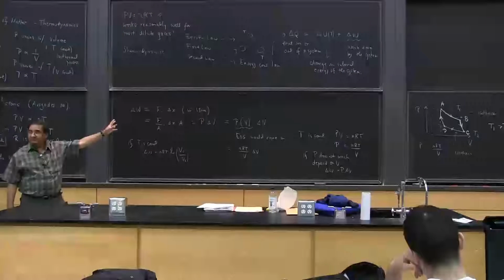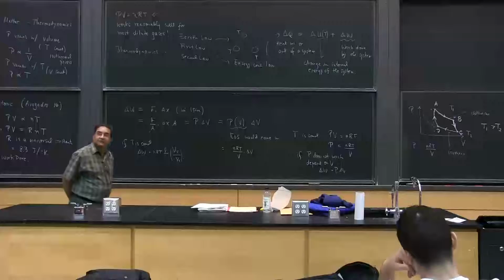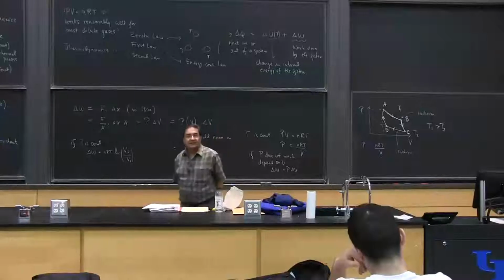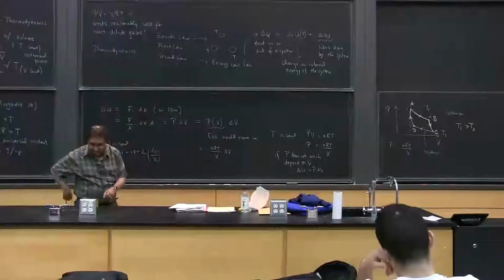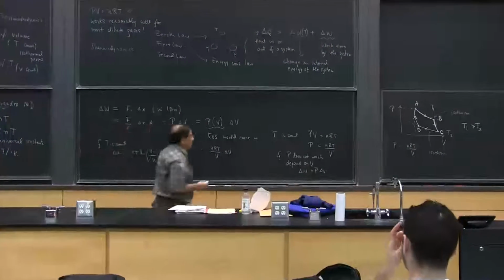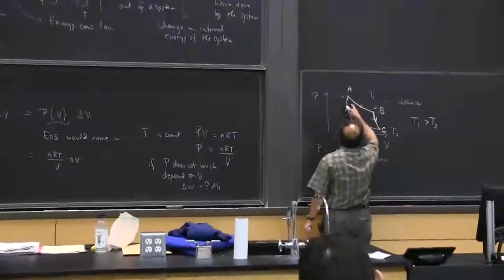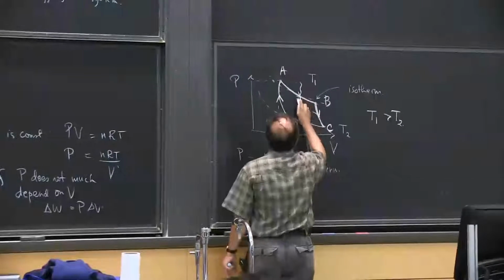The steam engine that was invented by James Watt back in 17-something. All of these engines essentially use this thermodynamic cycle. Why? And the story is fascinating. So this is what the Industrial Revolution gave us. In this case, when I hold the temperature fixed and I let the gas expand, it actually takes in heat.